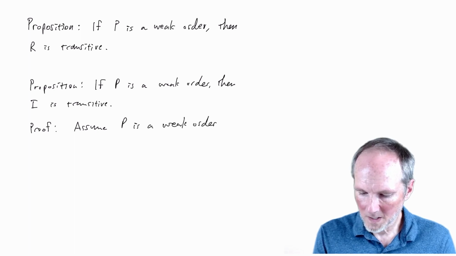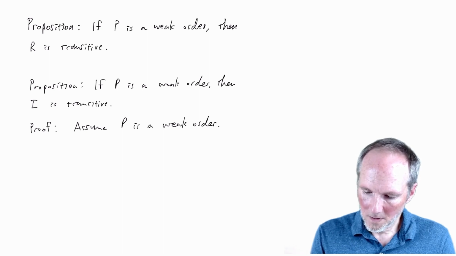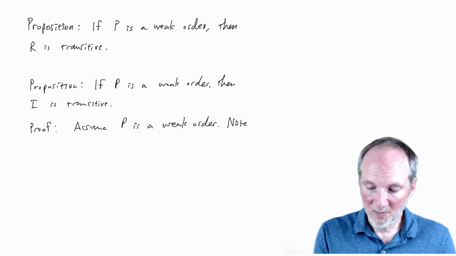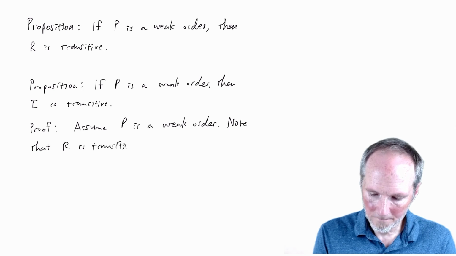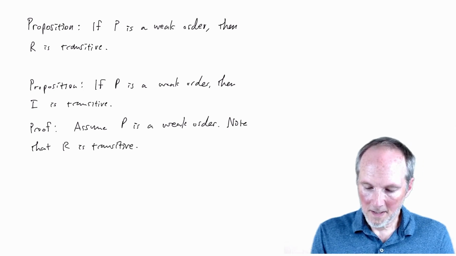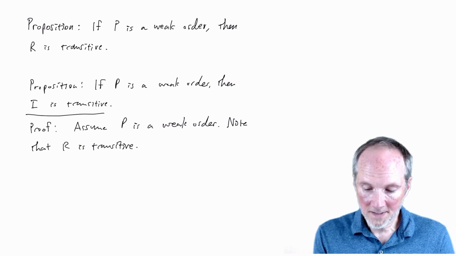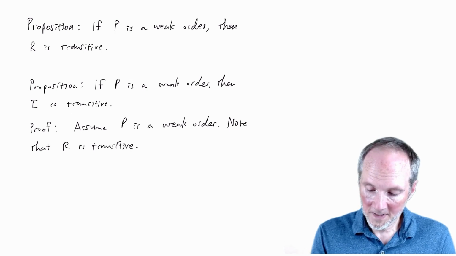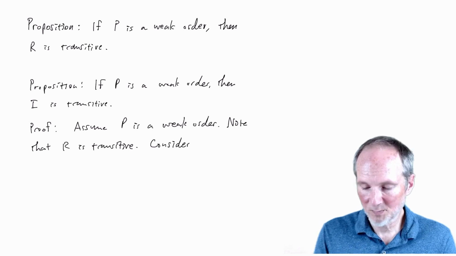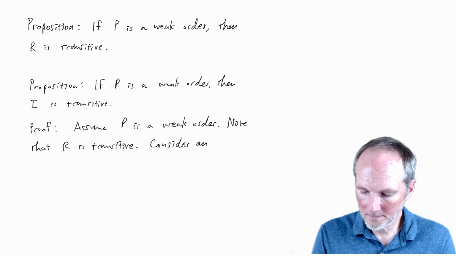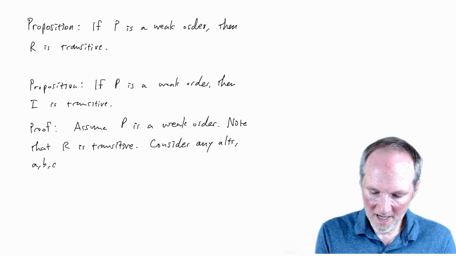And from the previous proposition up here, we know that R is transitive. Now I want to prove that I is transitive, that indifference is transitive. So I'm going to reach into this bag and pull out three alternatives. Let's call them A, B, and C.